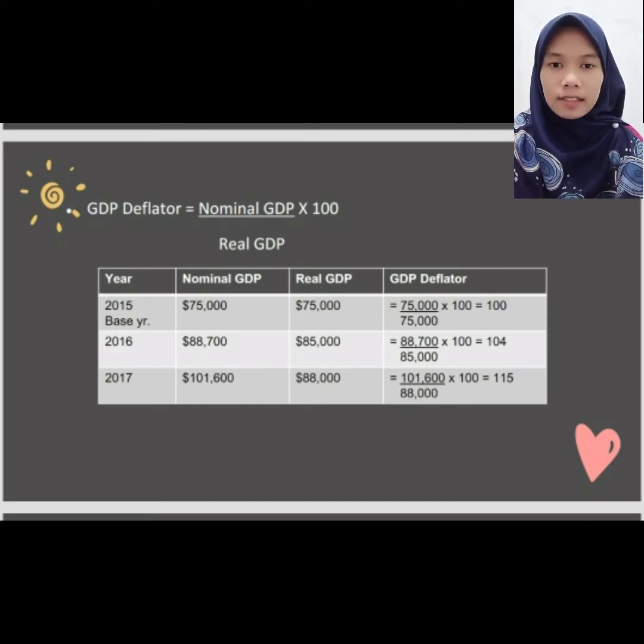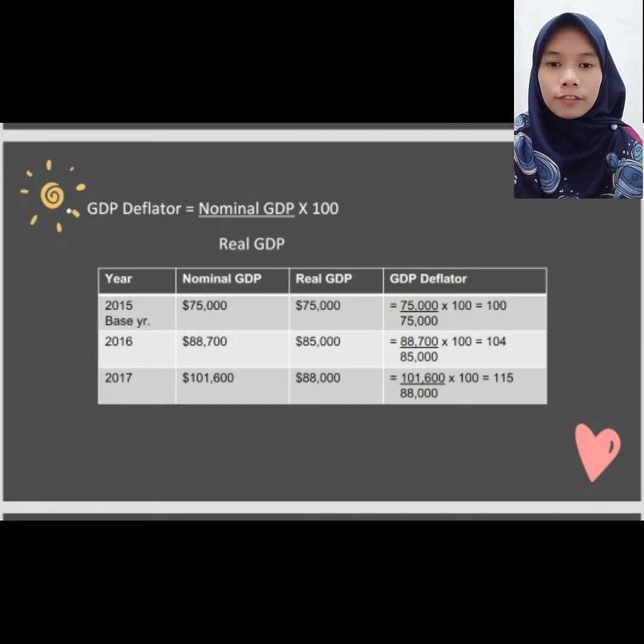For example, data for the economy from 2015 until 2016. It is known that in 2015 the nominal GDP is $75,000 and real GDP is $75,000.